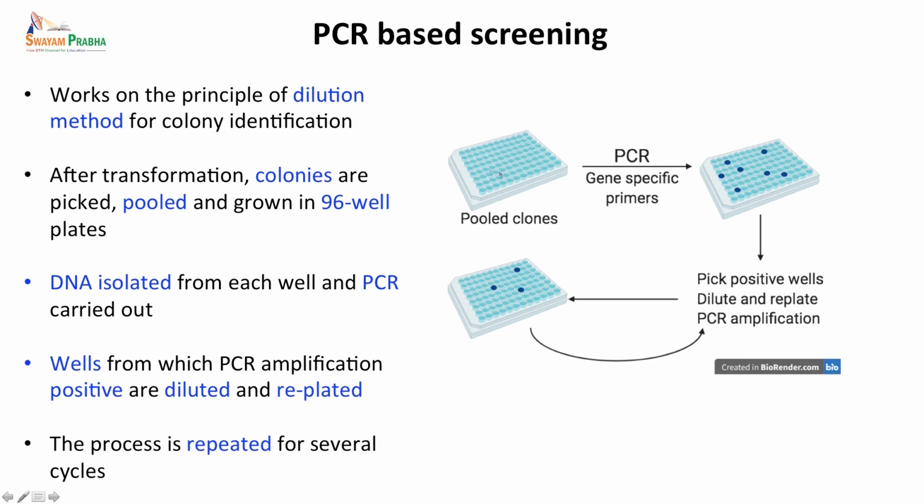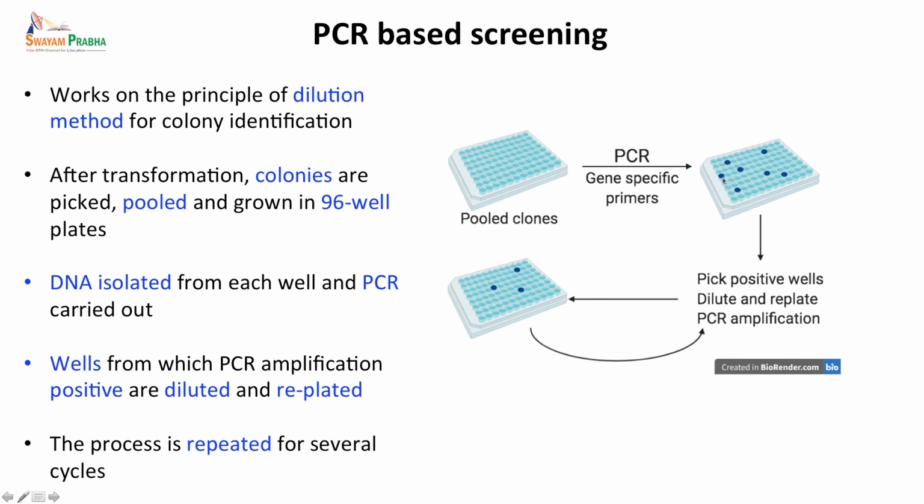Then you isolate the DNA from all these wells, and then you do a PCR using gene-specific primers. Now, because of the overlapping nature and because the same fragment may be present in different overlapping clones, you may get a number of different clones which are positive in your PCR reaction.